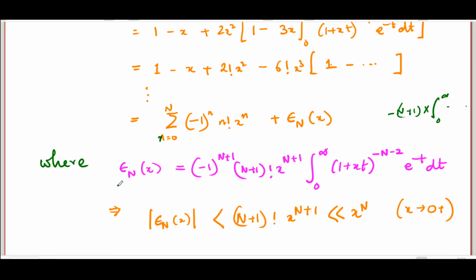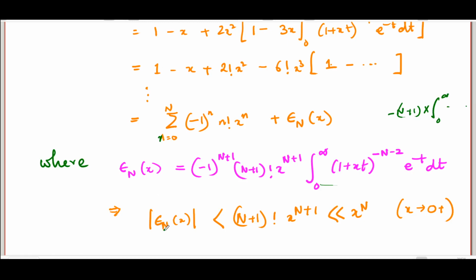note that if you take the magnitude of this remainder term, this of course goes away. You get N plus 1 factorial x to the N plus 1 times this integral, which by the same argument that we used to justify that the Stieltjes integral exists, is bounded by the integral of e to the minus t dt from 0 to infinity, that is bounded by 1.